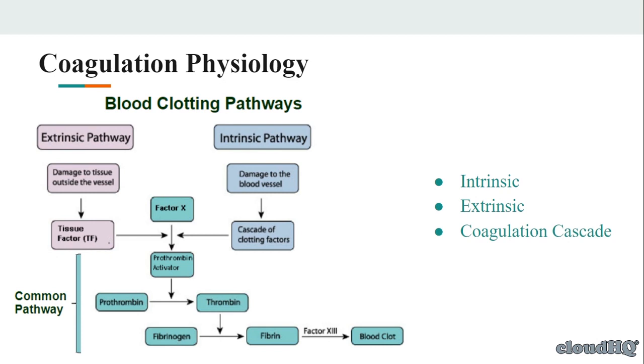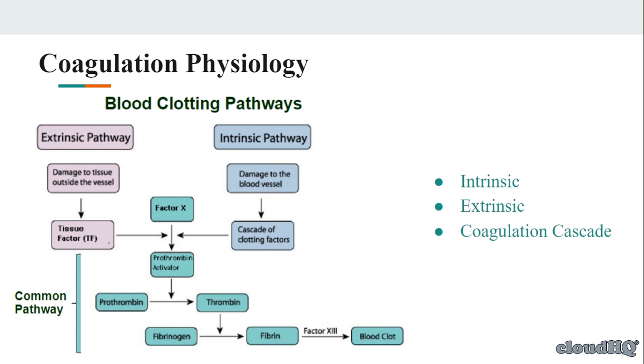So going back to the Virchow's triad slide, where there were the two boxes of endothelial damage, one was endothelial damage and one was endothelial dysfunction. The dysfunction would more likely be an intrinsic pathway, while the damage would be an extrinsic pathway.